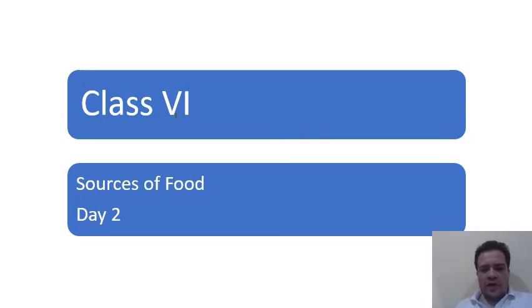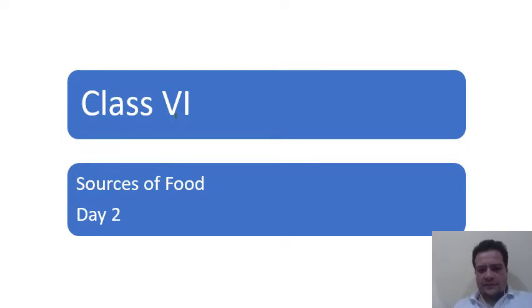So we concluded that there are varieties of food available for living organisms, for human beings, and that every living organism requires food for survival, isn't it? Then today we are going to start with the different sources of food. As it is a basic need, from where does it come, that we are going to discuss. What are the two main sources of food?